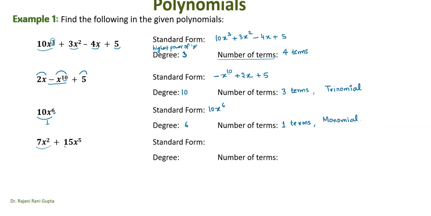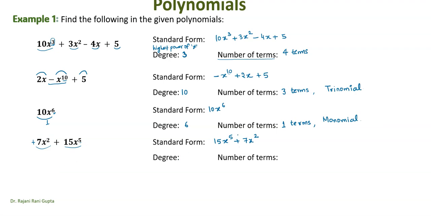Moving on to the next: 7x^2 + 15x^5. Starting with the highest power term, to write it in standard form, 15x^5, and then we write plus 7x^2. Why do we write plus 7x, not minus? Because before 7 we don't have any sign, so by default, it is plus.